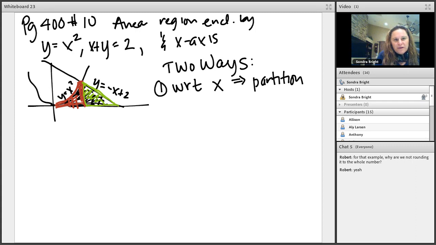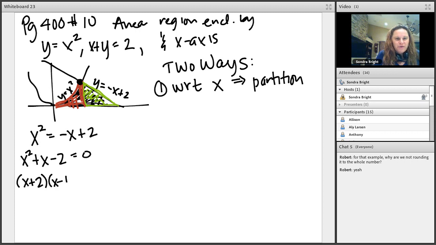So let's figure out where this intersection point is. Again, you'll have your graphing calculator, or you set each equation equal to each other. The y's are equal, so x squared equals negative x plus 2. Then add the x, subtract the 2. That factors as x plus 2 and x minus 1, which means these intersect at negative 2 and at positive 1.